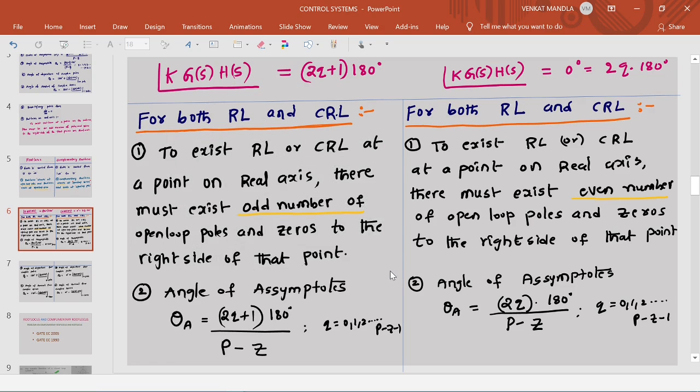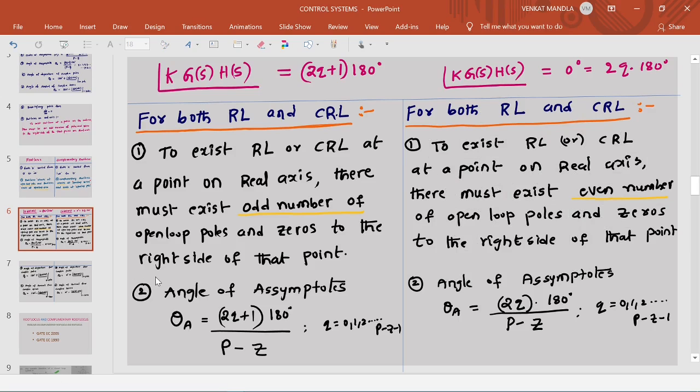But if the angle criterion is even multiples of 180 degrees, then for a root locus or complementary root locus to exist at a point on the real axis, there must exist an even number of open loop poles and open loop zeros to the right side of that point.